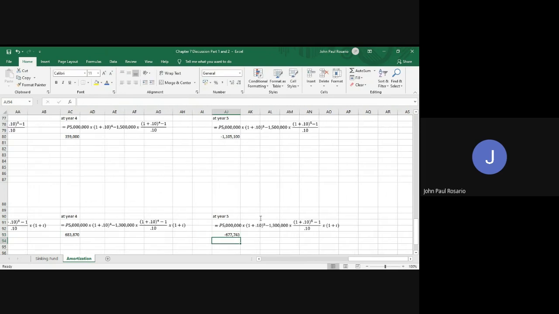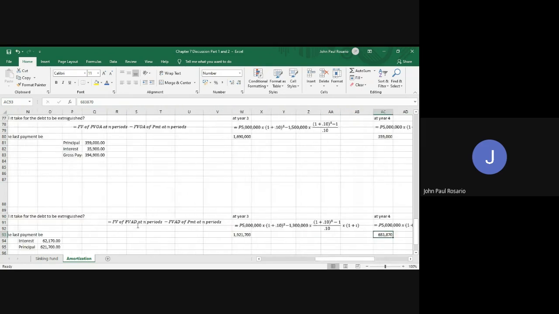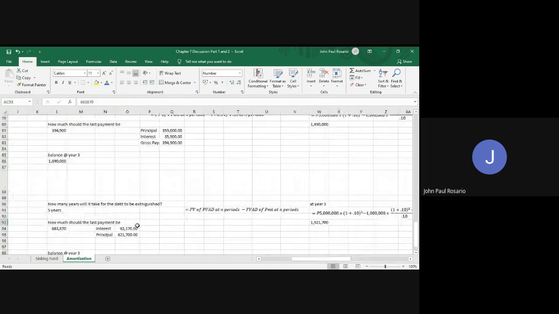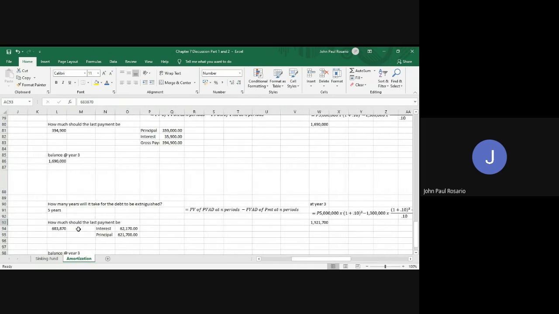So with that, we know that there will be 5 payments. The last one will be 683,870. And to solve it, this 683,870 is your gross payment. Now, how will you solve for the interest and the principal portion?